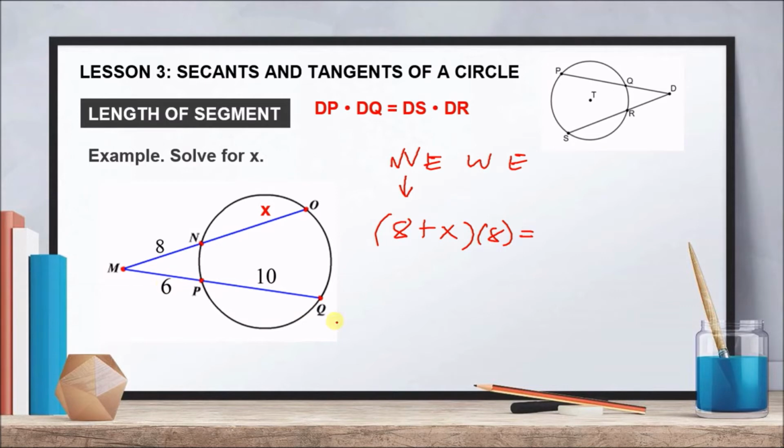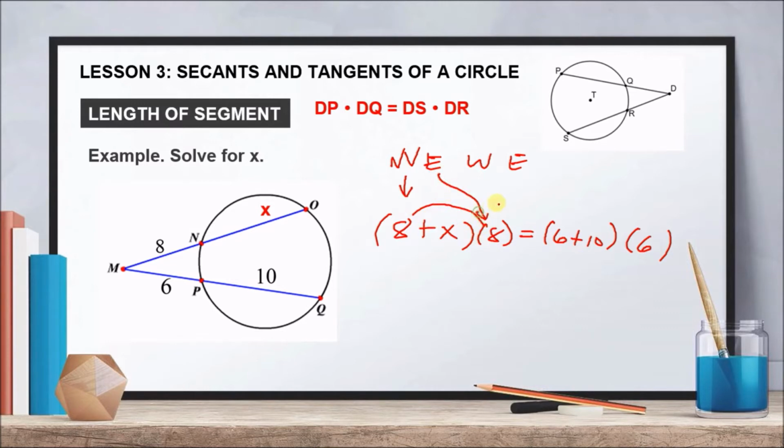What is the whole secant you can see there? Look at what it is. Of course, you combine the 6 and 10 to get our whole secant. We are going to multiply that by the external part of that secant, happens to be the 6. Yes. Looking at this, you can distribute this.